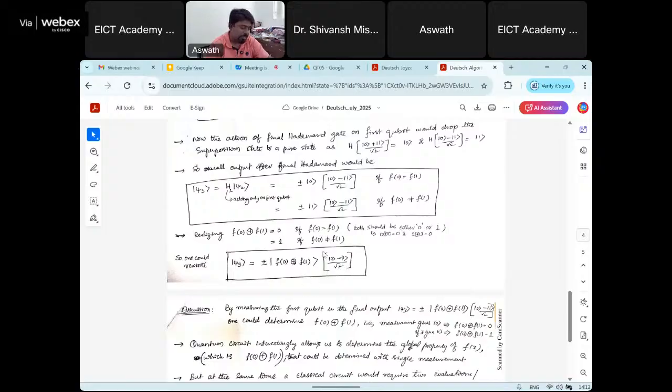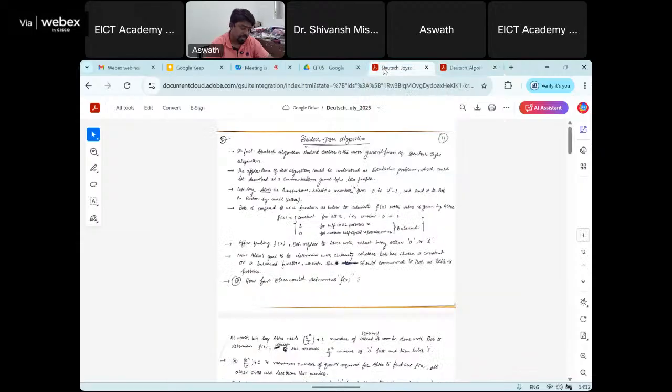Interestingly, the query register acquires the information of the functional value sum. So this is the Deutsch algorithm for you, and then we introduced the Deutsch-Jozsa algorithm in the last session.